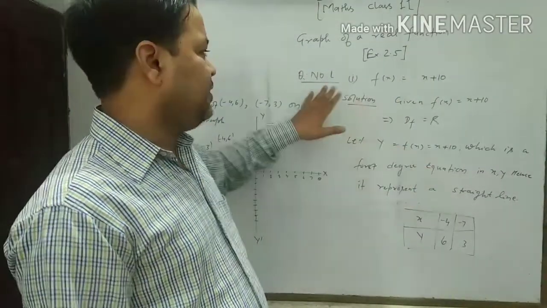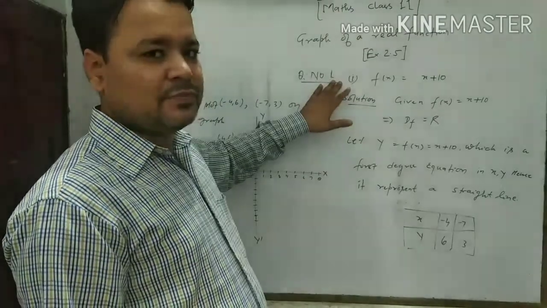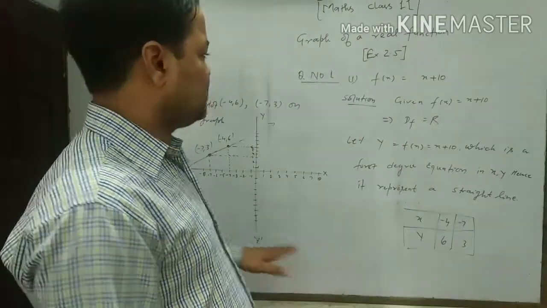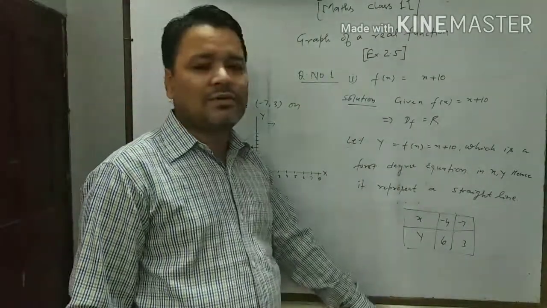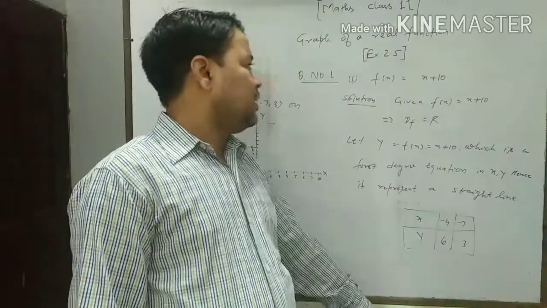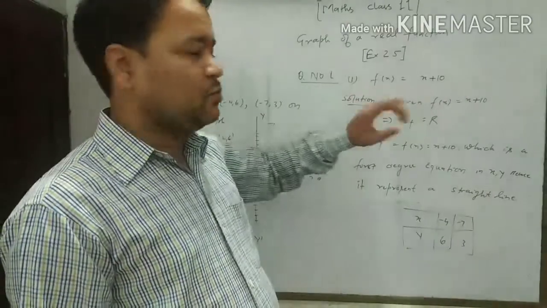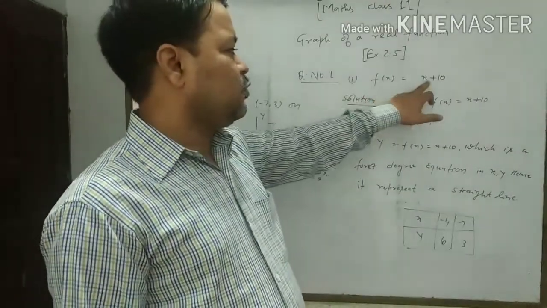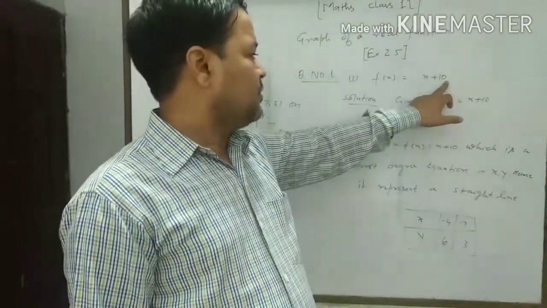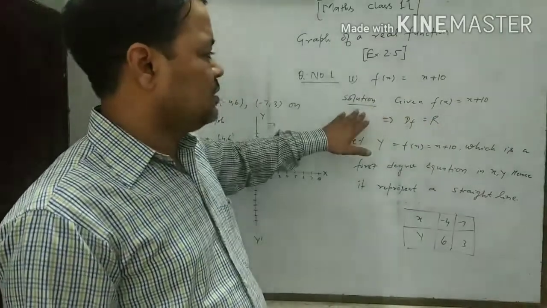Here I am taking question number one to build the concept of the graph of a real function. The question given is f(x) = x + 10. How do we solve it?